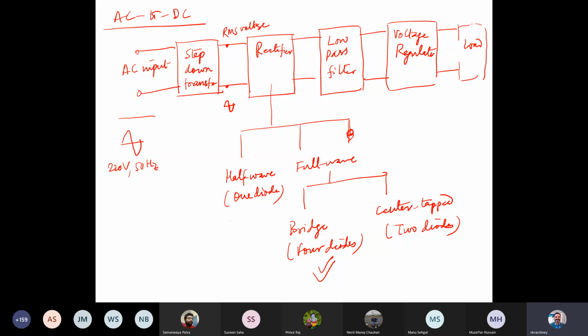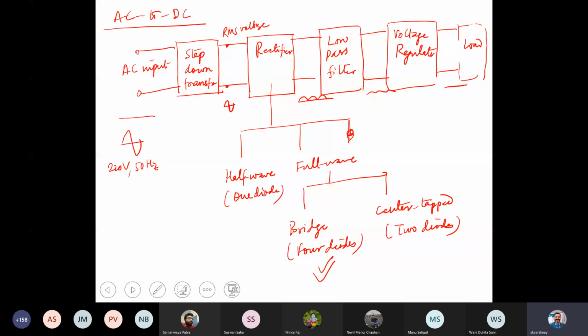If I'm giving an example with full wave rectification, after this you get this kind of output for the ideal case, if the diodes are ideal. After the filter you get this kind of characteristic, and the voltage regulation gives nearly DC, but with voltage regulation. So you get different waveforms at the different stages.